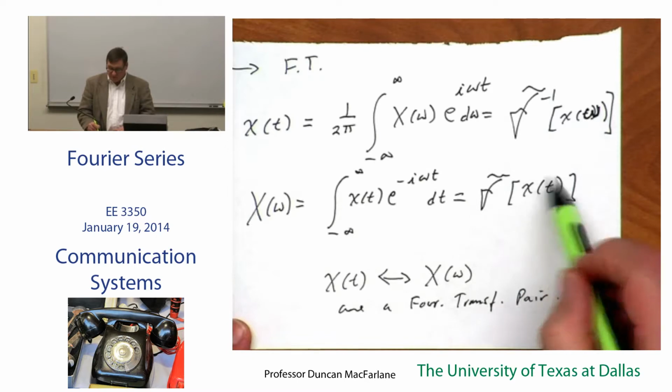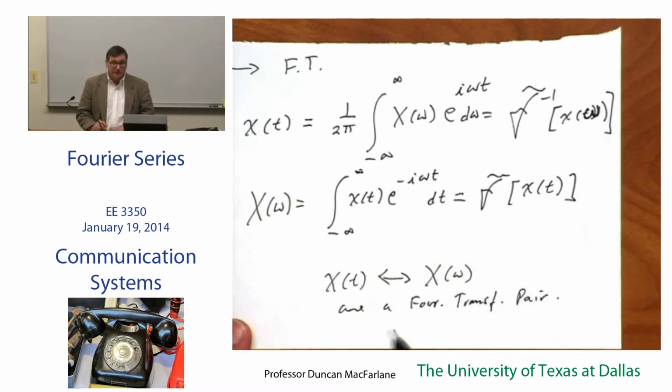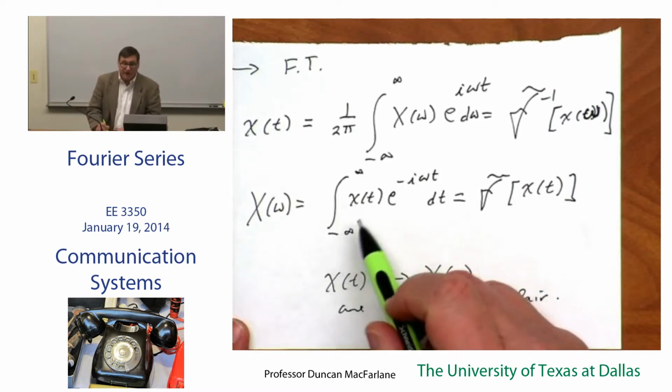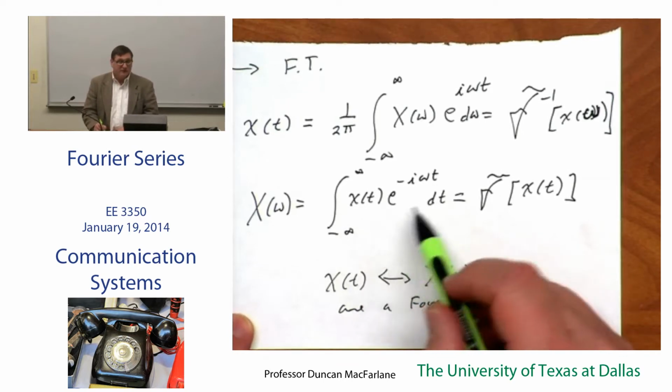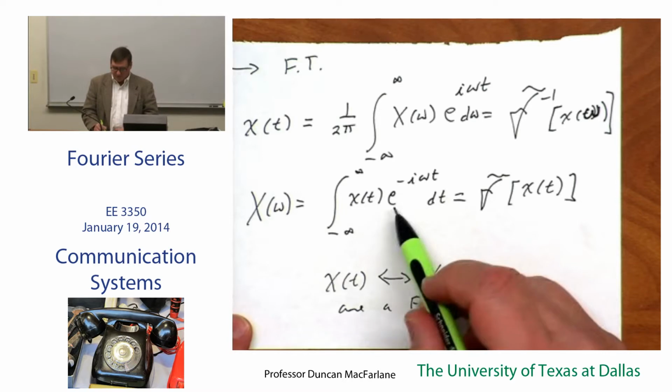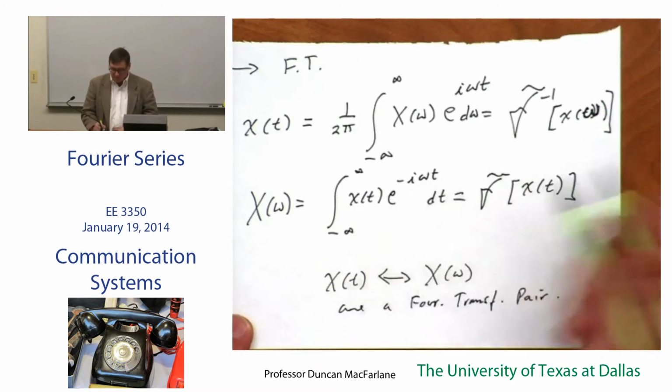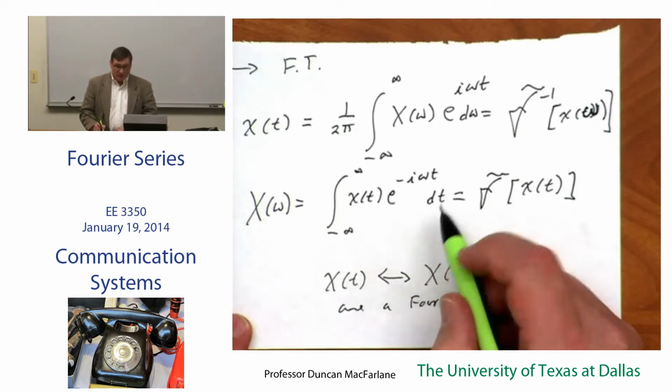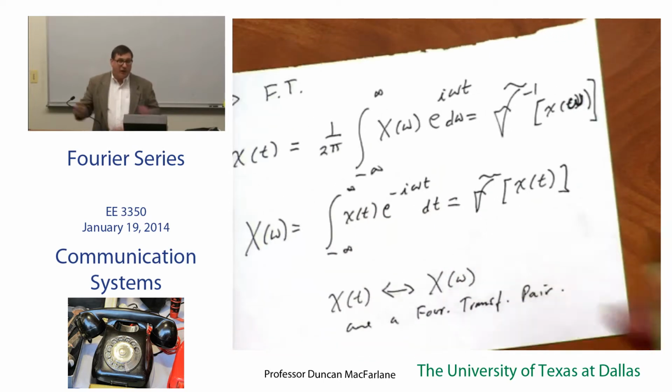The Fourier transform of x of t is x of t multiplied by that kernel, slightly different kernel, e to the minus j omega t, dt, integrated over all time so I get all information.